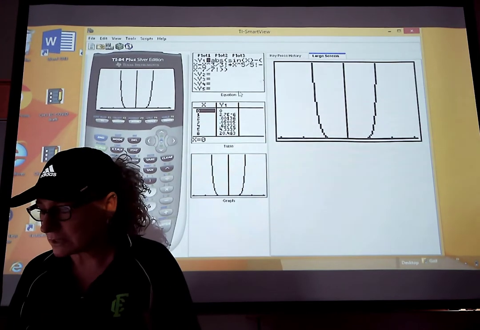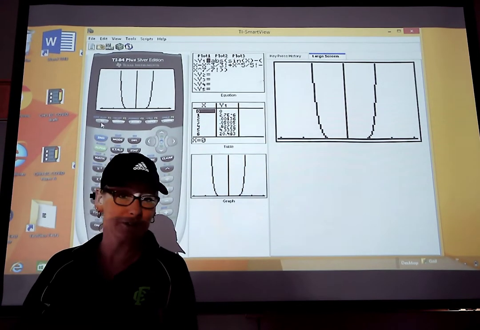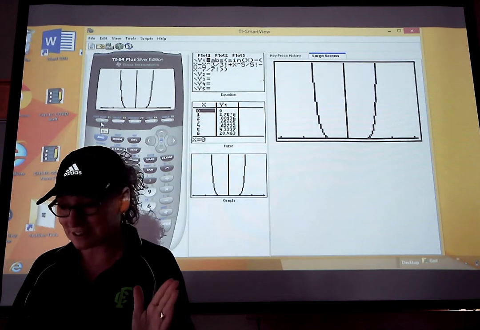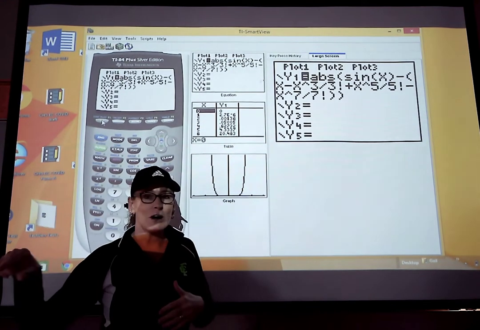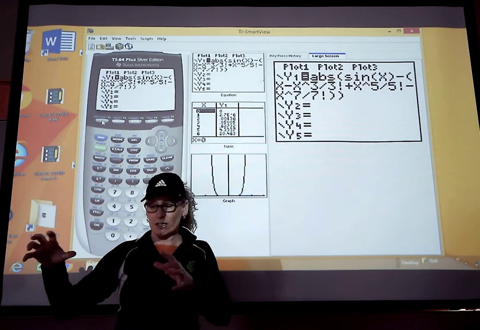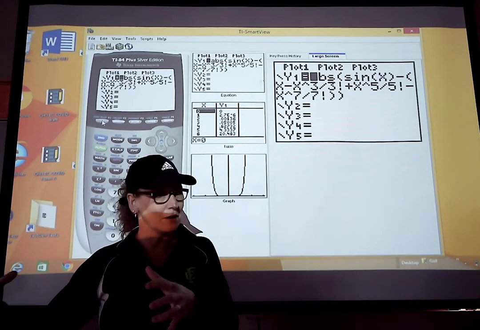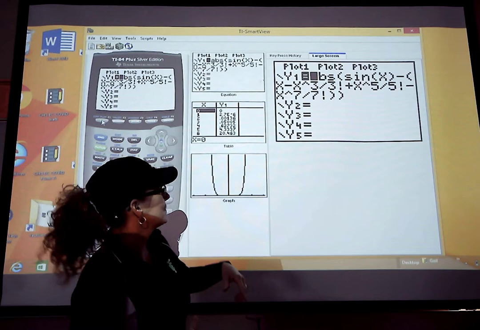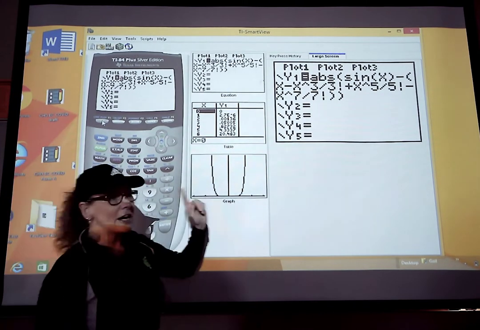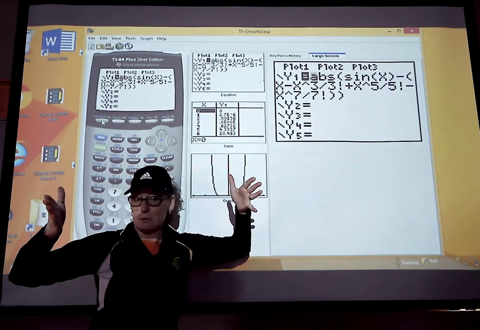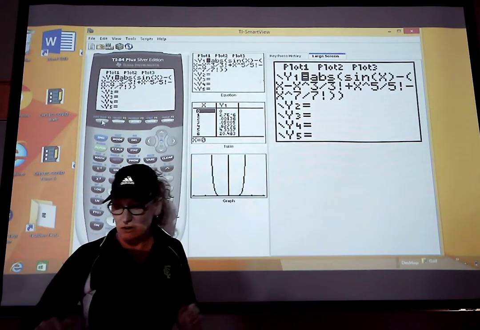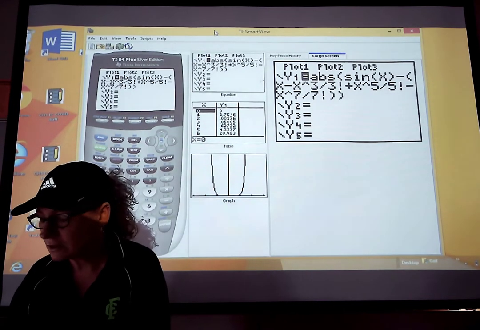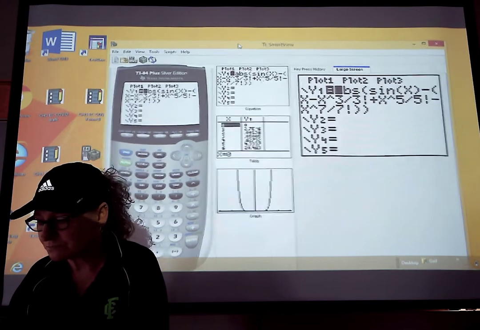Now, here's what I did. You're going to need to pause the video if you're doing this with me, because this is going to take you a while. Mine's an older model graphing calculator, because this is a very older model of a computer that I'm hooking up to. But when I hit absolute value, I don't get the bars like most of yours will. I just get ABS for absolute value. It's fine. It's all good. Still works well.